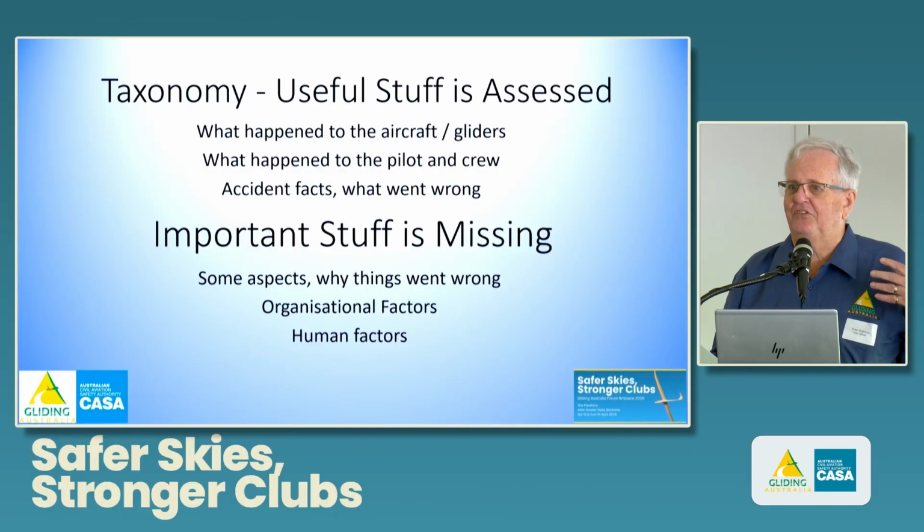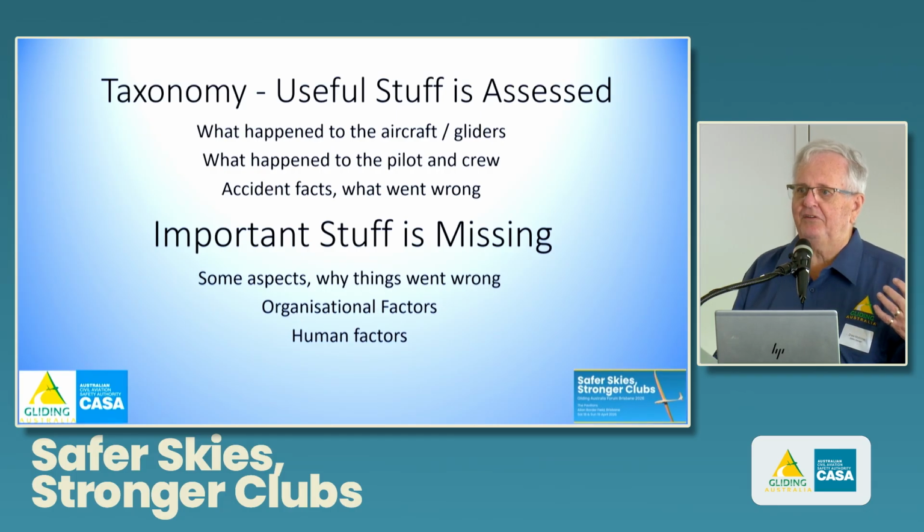Now, the taxonomy is pretty useful in that it tells us some really good stuff about the things that have gone wrong with the aircraft or the flight crew, the pilot. It's about collecting those facts, and the source system is about trying to gather that up front. And for the serious and fatal accidents, we do deeper dives and try and understand the complete range of driving factors.